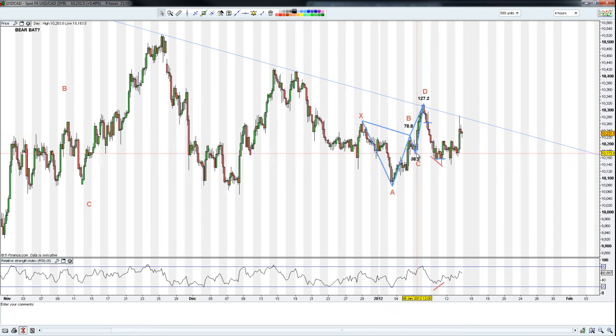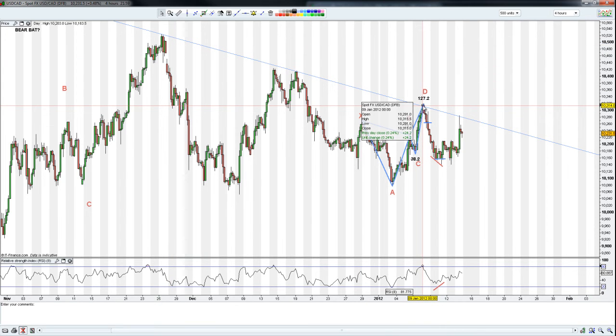It retraced to a 38.2 to C. And interestingly, as the butterfly is defined, the termination point, the D point or the PRZ, potential reversal zone, is a 127 of AX, and it coincides nicely with this trend line.